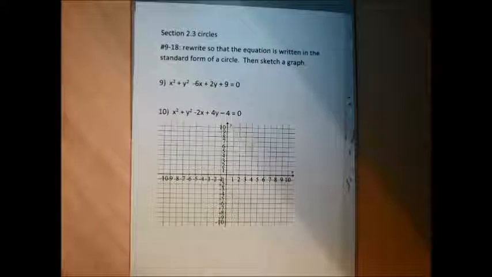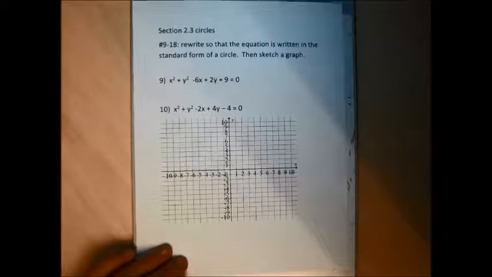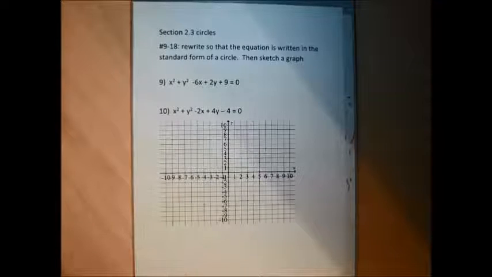Now we're going to get into some real algebra. Hardish algebra, I guess. It could get harder than this, but I'm not making it so much harder. So it says rewrite the problem so it's written in the standard form of a circle.